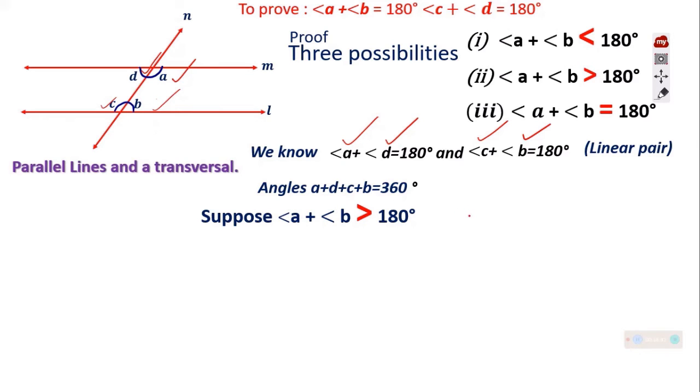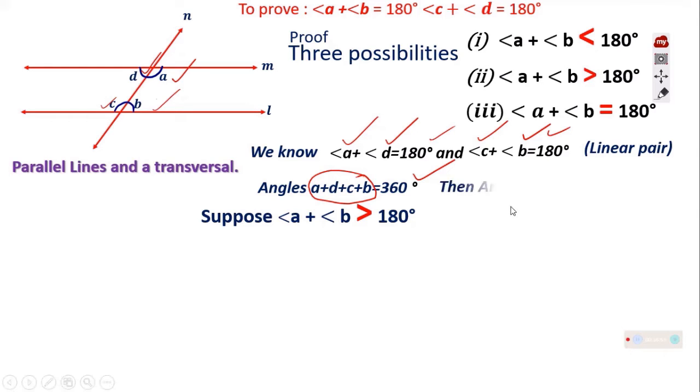All four interior angles, each of those pairs are written as 180. That means the total is 360. Total of A plus B plus C plus D. A plus D plus C plus B means A plus B plus C plus D. Four angles together make 360 degrees. There is no doubt about it because a linear pair is an open statement.